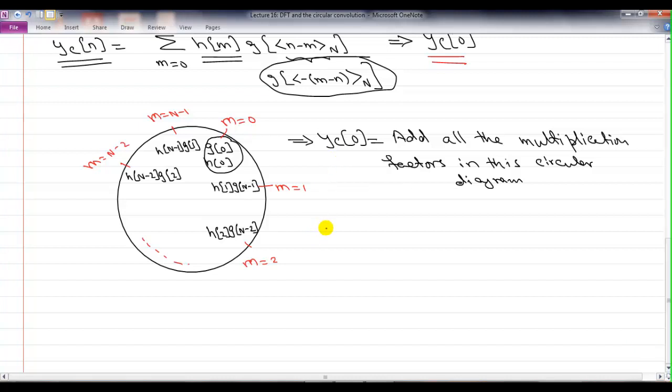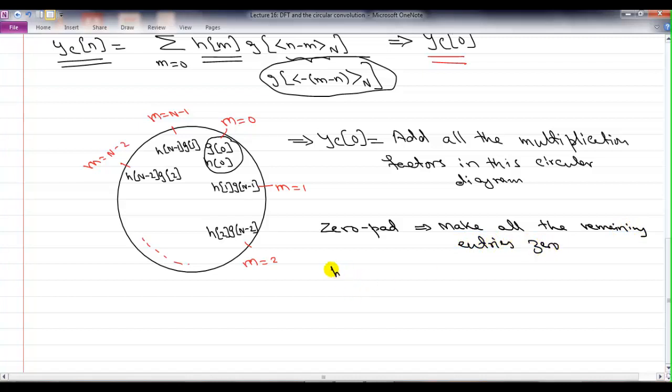Now the question to ask is, what happens if h and g don't have length equal to n? Then we do what is called zero padding. If they don't have the length n, they are smaller than that, then we simply make all the rest of the entries up to n minus 1 as 0. And then we can carry out these operations.